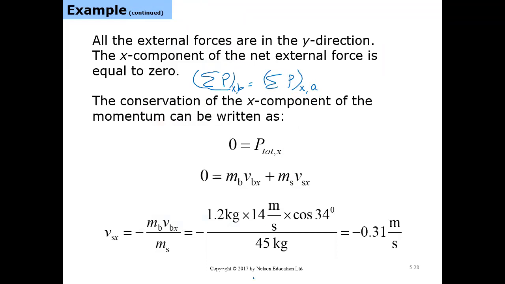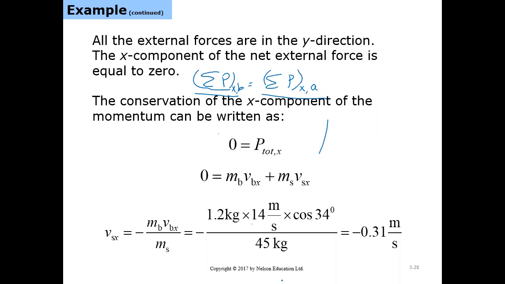So I'm using two subscripts here, okay? Total momentum in the x direction only, before and after, has to be the same. What do we mean by before? Before is before she throws the bottle. After means after she throws the bottle, when the bottle has left her hand. Is that clear?